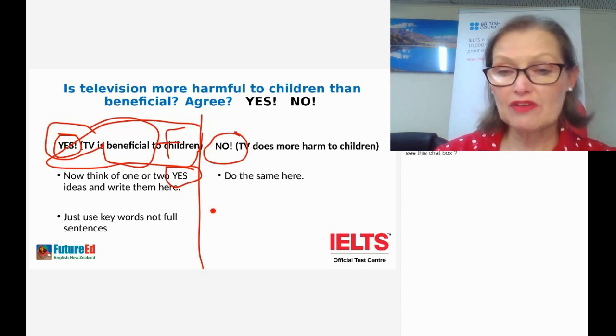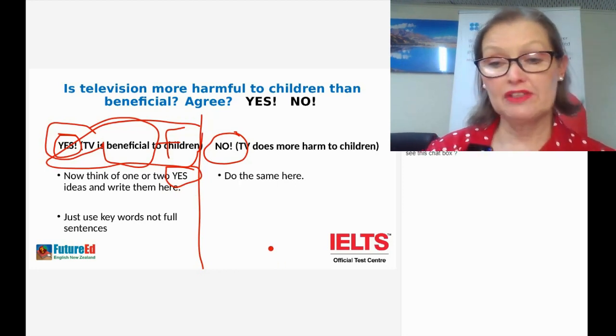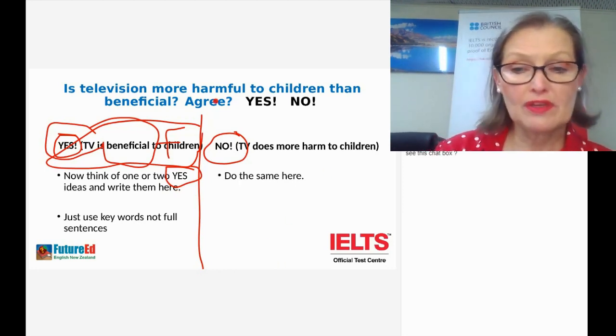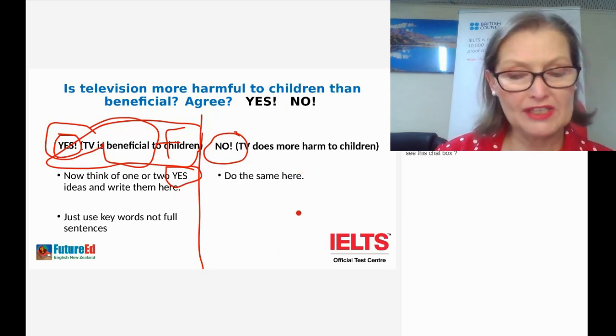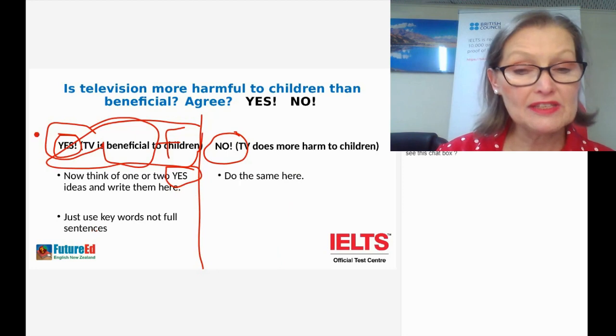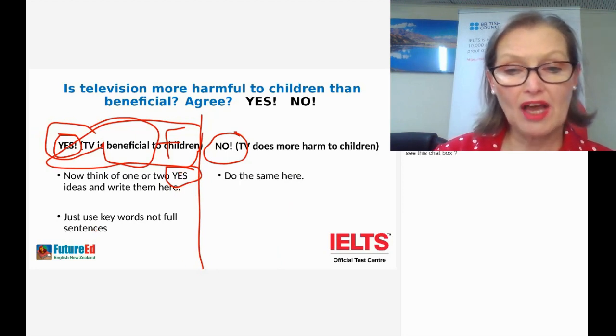And I want you to think of, if you can, 1 or 2 ideas of no, I think TV does more harm to children. And immediately think of them, I want you to write them on this side. So the idea is that as I think, I put it straight into a form of planning.